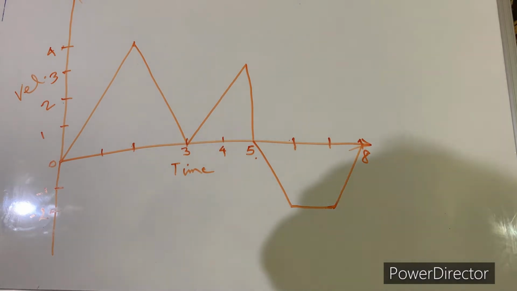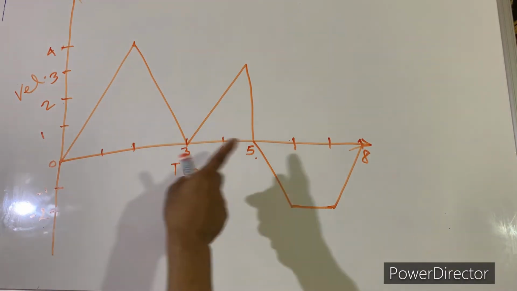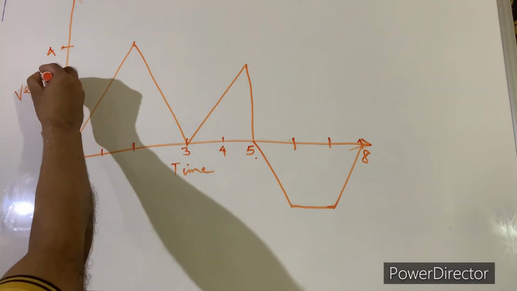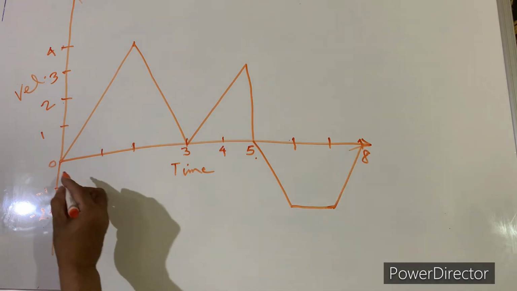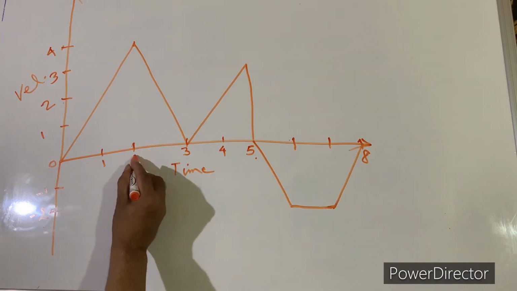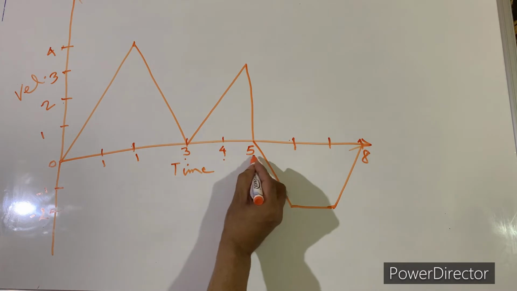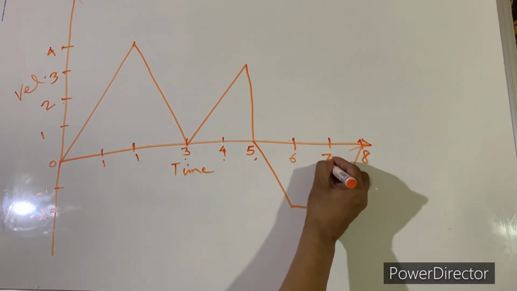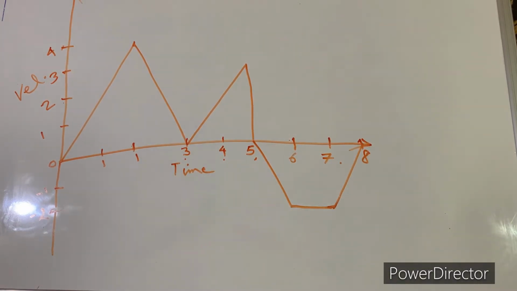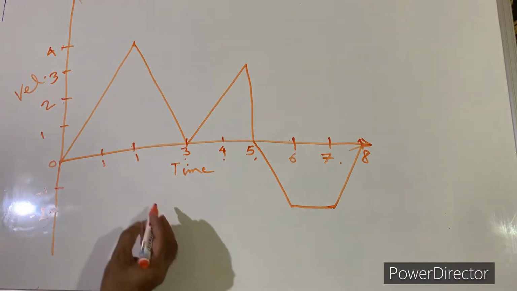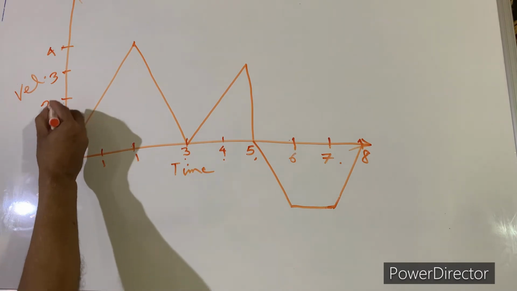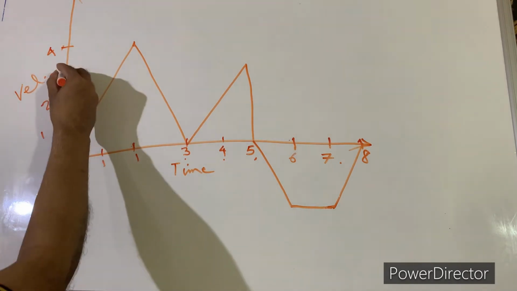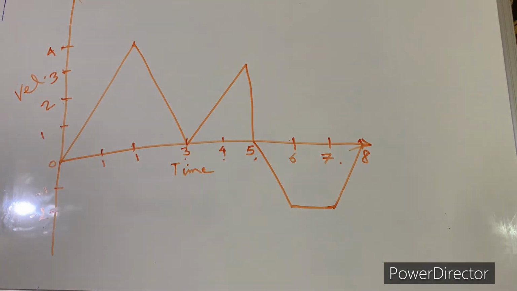Now look at this velocity versus time graph I have drawn here. This is another type of velocity versus time graph, where I have taken the velocity on the y-axis and the time on the x-axis. The time has been taken in 1 second, 2 seconds, 3 seconds, 4 seconds, 5, 6, 7, 8 seconds and so on. Whereas the velocity has been taken in 1 meter per second, 2 meters per second, 3 meters per second and 4 meters per second.